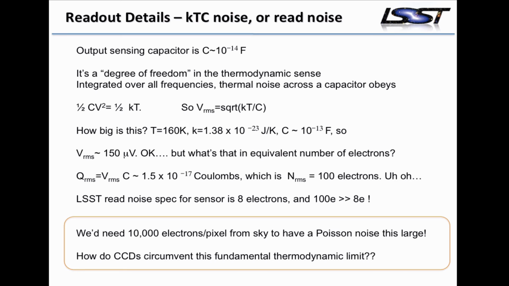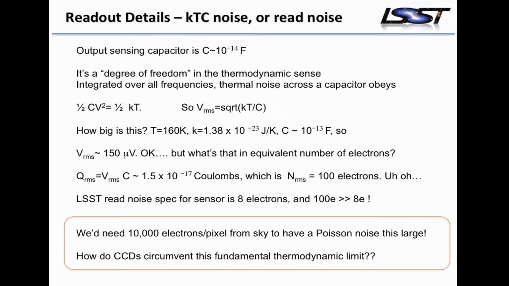And so if I set 1/2 CV squared equals 1/2 kT, I can trivially, with no great detailed mathematics, convince myself that the RMS voltage across that output capacitor suffers a variable voltage of thermodynamic origin, which really originates in the fluctuation dissipation theorem, that's the square root of kT over C.